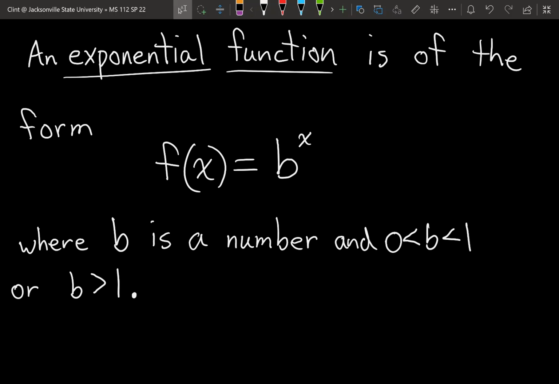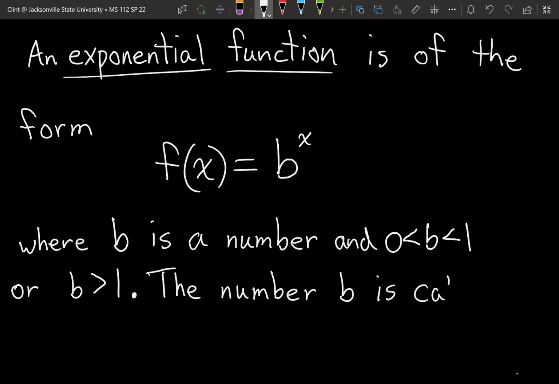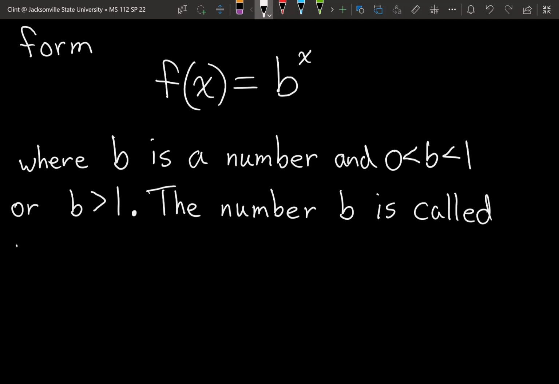And that number B, we call that the base.